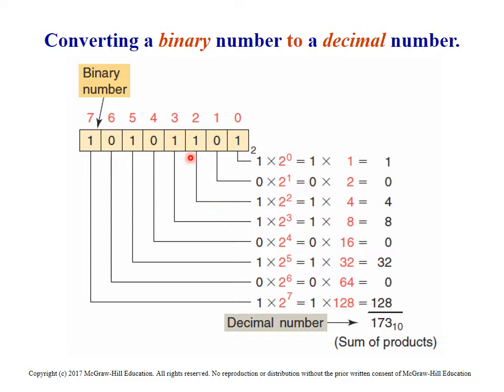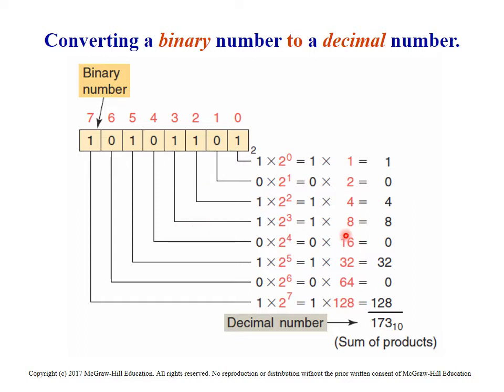The next position here I have available is the third location, 0, 1, and 2. So this would be 2 to the 2 power times 1. So 2 squared, of course, is what? 4. 4 times 1 is 4. And right on down the line.